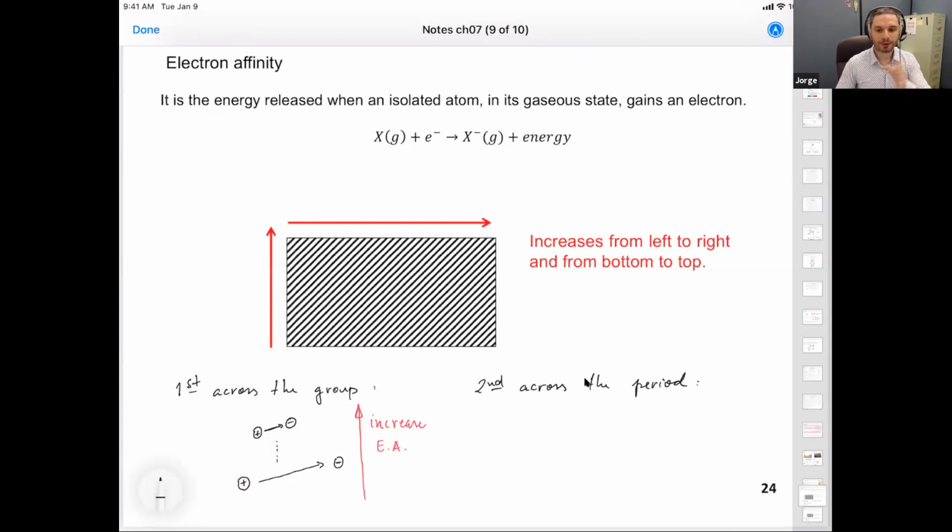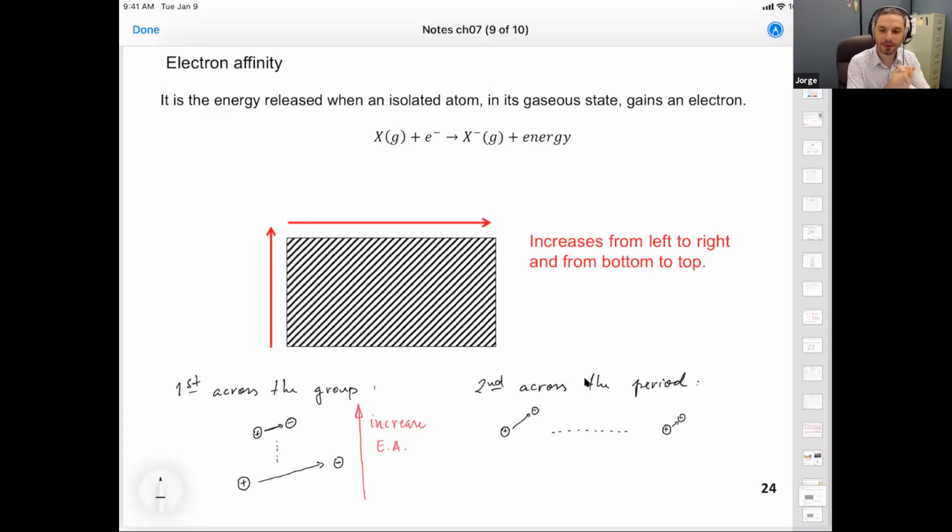Moving from left to right across the period, there is a decrease in the radius. So let's move from the very left to the very right across the group. And the result is that the atoms will shrink.